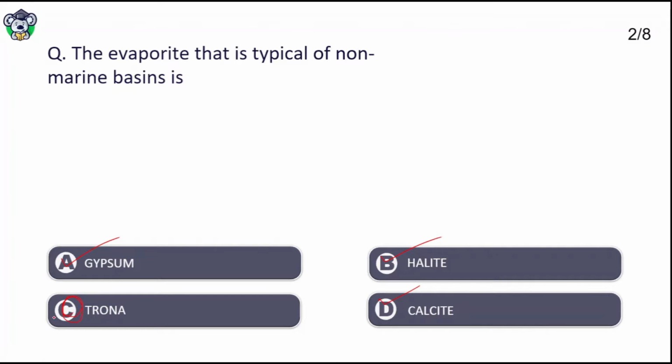So the right option is option C, that is trona. What is trona? Trona is a hydrated Na2CO3 dot NaHCO3, that is sodium bicarbonate, and it contains water. This is the chemical formula of trona.